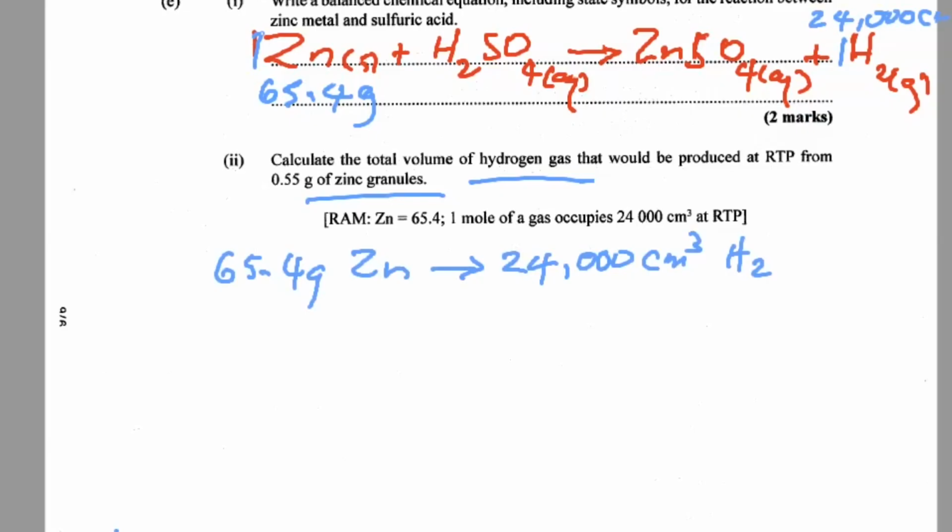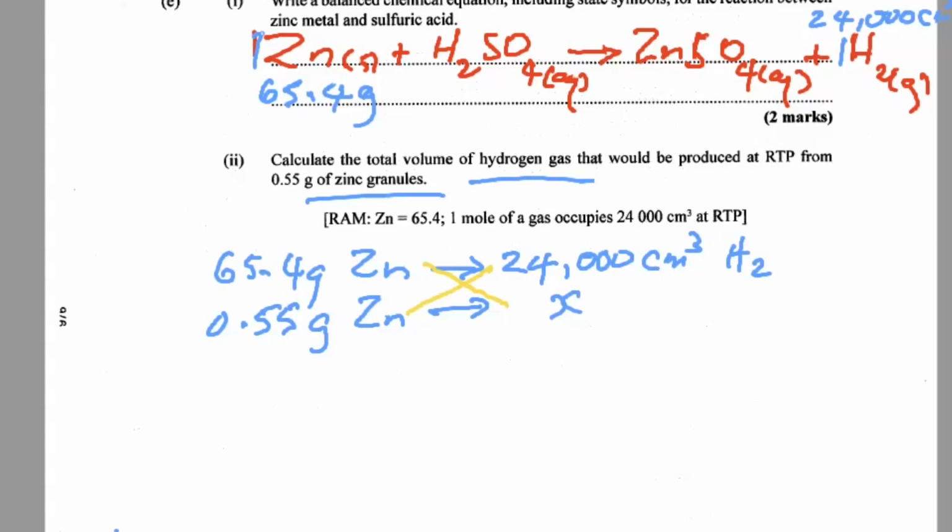So we want to find out if we actually used 0.55 grams of zinc under the same conditions, what volume of gas would we end up with? So we put X right there, and it follows that we would end up with less because 0.55 is less than 65.4. So we'll just cross multiply. We normally put on lines there to say we're going across the diagonals.